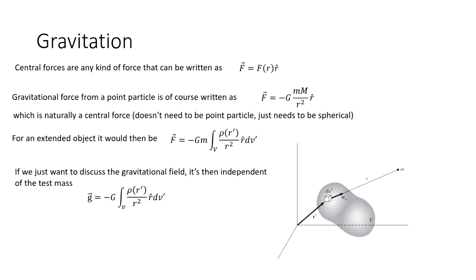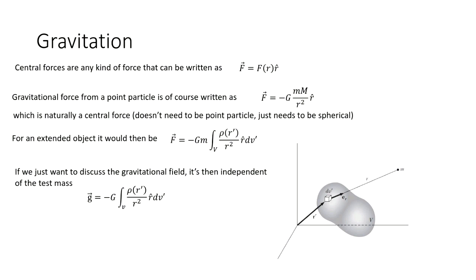If you have an extended object and try to understand its gravitational force, then you would have negative G m, where m is your test particle, and then you have to integrate the density of this object, rho, over its volume V. You sum up all those little bits over that distance r squared, and that bit of mass acts on your test mass, little m.